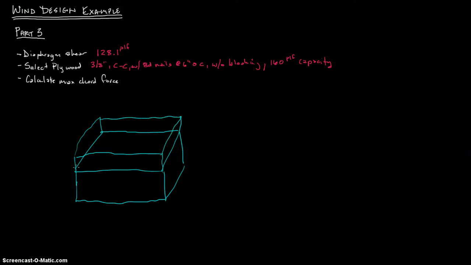Here's the parapet, and it goes around. Then you're looking at the wind force coming on this side, going over here and going down like so. I'm going to scoot back a little bit so it's clearer.